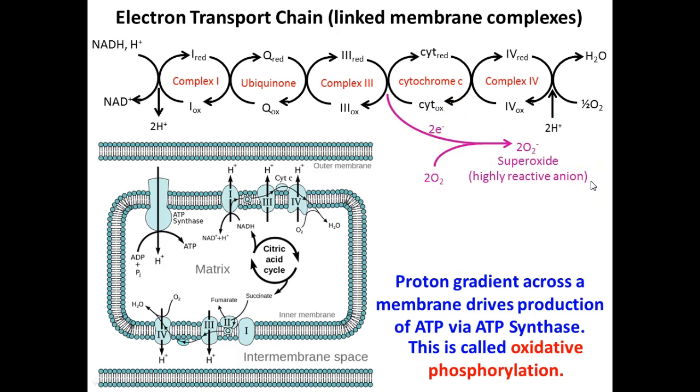These are highly charged forms of oxygen. They're extremely damaging because they react with other molecules and interfere with metabolic processes. So if you're using this electron transport chain in the presence of oxygen, you're going to get the formation of superoxide. That's toxic, so we have to have some way to neutralize it.